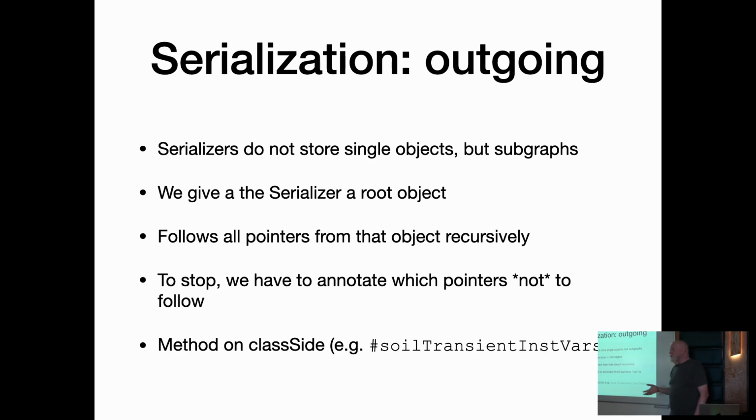Another example, if you looked at the Soil talk on Tuesday, is that in Soil you partition your model into many graphs, and when you load it in, the root actually will be a proxy, and this gets only swapped in when you actually use it, but the proxy stays. So that means that we actually give meaning to the roots that we reference by wrapping them into a proxy. That's another example of a boundary definition.